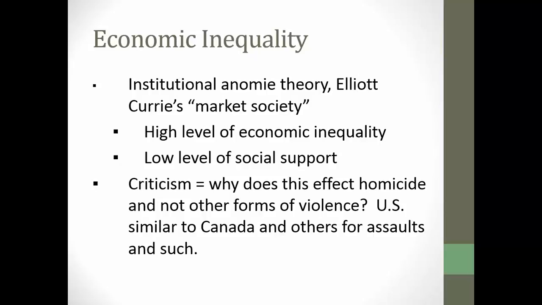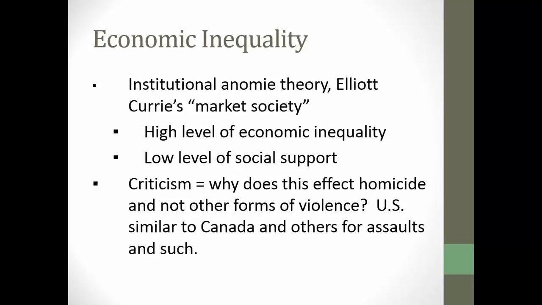So you have theories, which we talked about, institutional anomie theory, Currie's market society theory, which is in the book. I don't remember if we talked about it in detail. But the idea is that inequality breeds hostility and anger and other issues which create homicide.